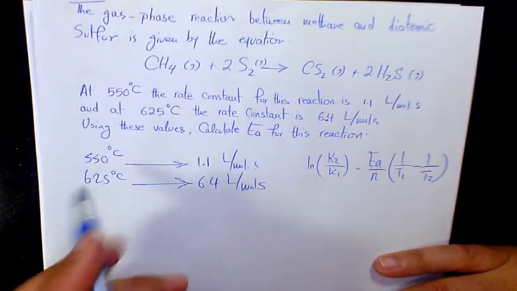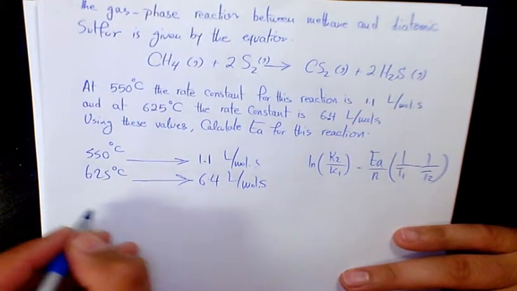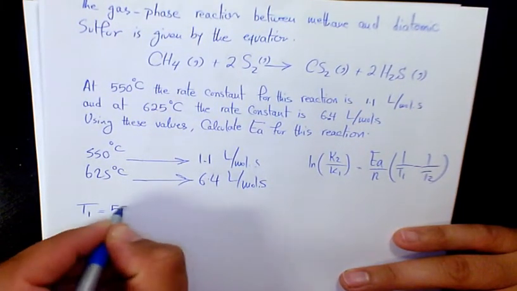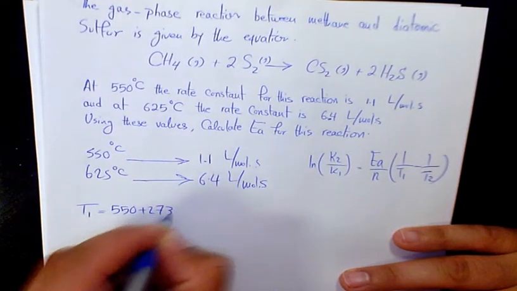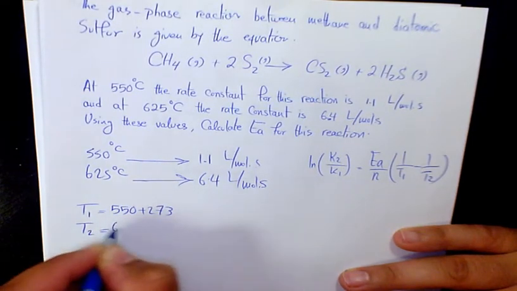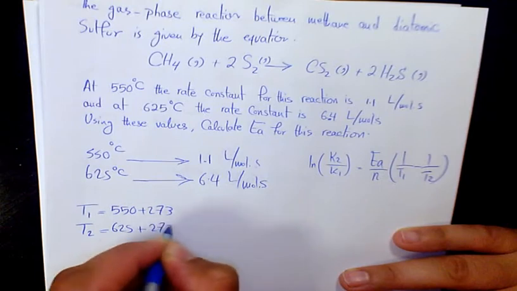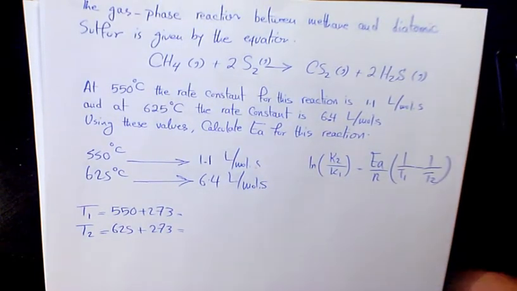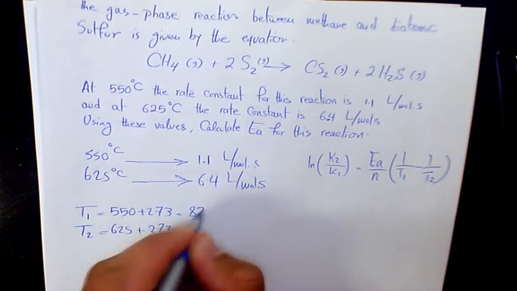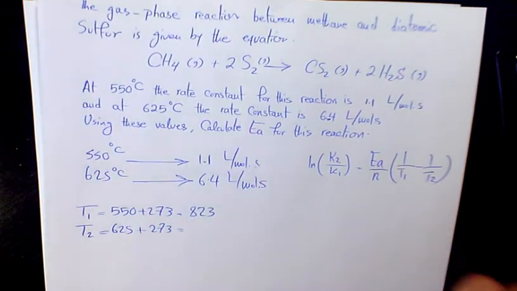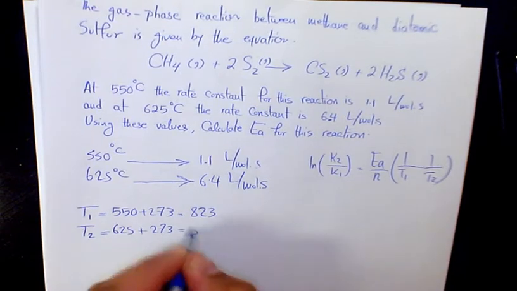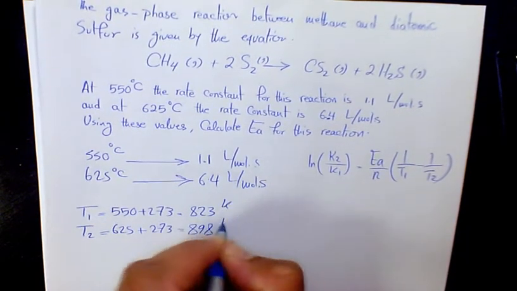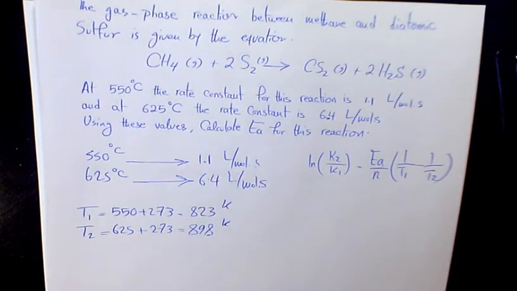Before doing that, we need to convert these two temperatures into Kelvin. 550 plus 273, and 625 plus 273. 550 plus 273 is 823, and 625 plus 273 is 898 Kelvin. So let's put it there.